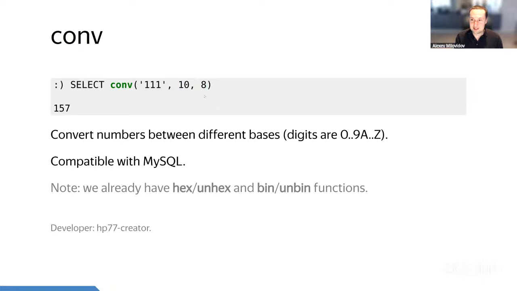We don't have a dedicated function to convert into octal and back, so this is quite useful. I don't know why you need octal numbers. Maybe you need nonal numbers, or how to say base 9 numbers, or base 7 numbers. It will probably be some sort of septadecimal. No, it is something else.